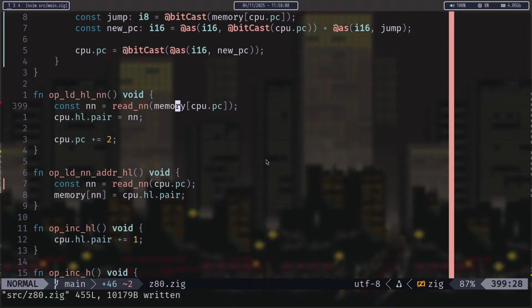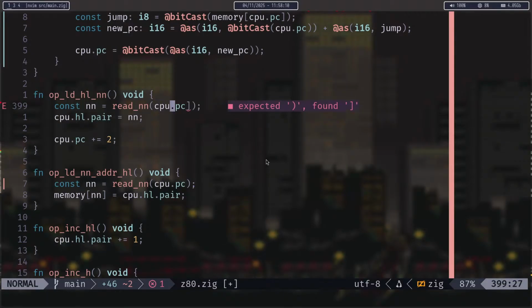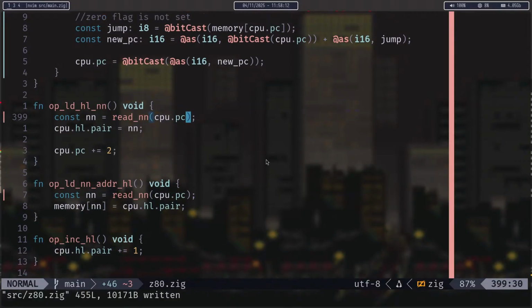This is what I believe, because this would give me the value stored in that place, not the address, which is kind of what I want. Hopefully I'm doing this right. And then I just have to increment by 2.